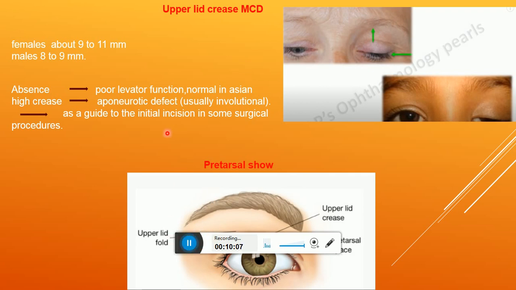If the skin crease is absent, it denotes poor levator function. Normally in Asians the skin crease is absent. Here you can see the distance between the lid margin and the skin fold with the eyes in the primary position.